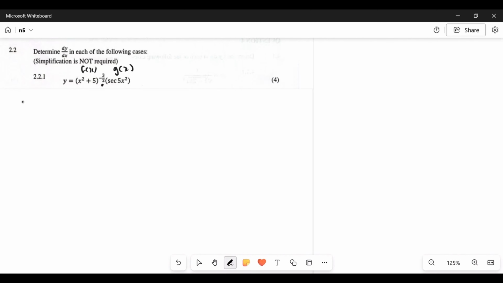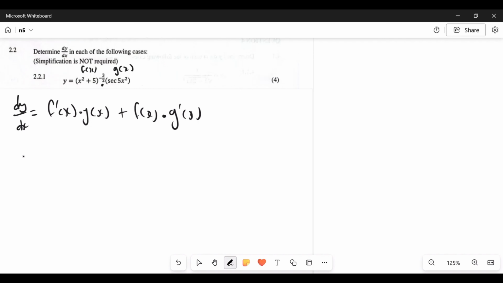Let me write the formula for the product rule so that you can derive this one. So dy over dx is as follows. You derive f(x) first and multiply it by g(x), plus, then this time around you leave f(x) and derive g(x). There we go. This is the formula for the product rule.